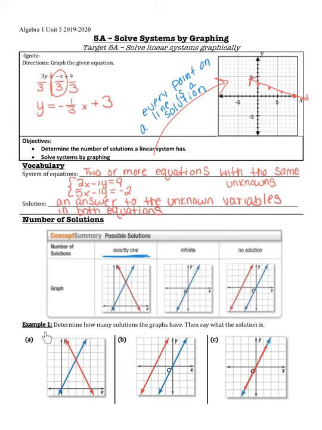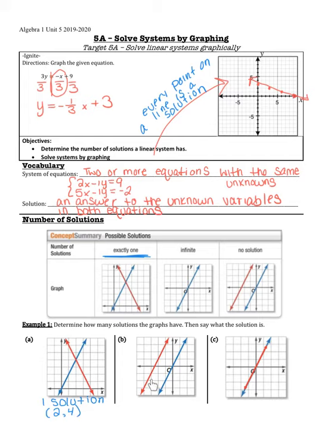So in the first example here, it says determine how many solutions the graphs have, and then say what the solution is. So in A, I can see that my solution is right here, this is where they're hitting each other. So I would say one solution. And specifically, it is the point, let's count 1, 2, 3, 4, so 2, 4.